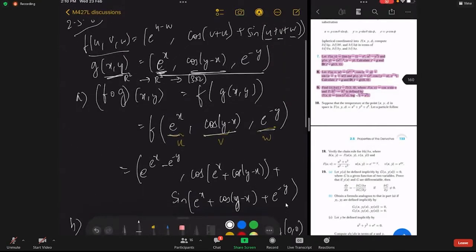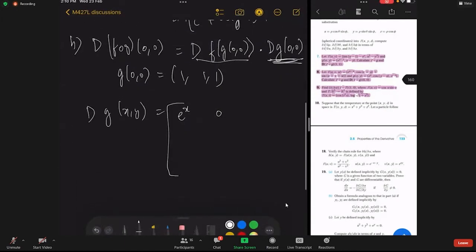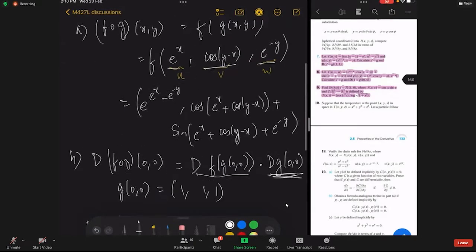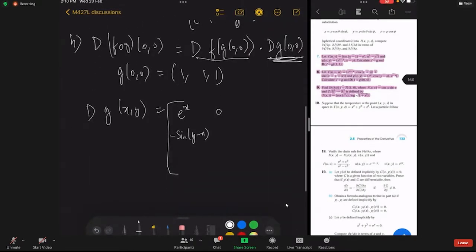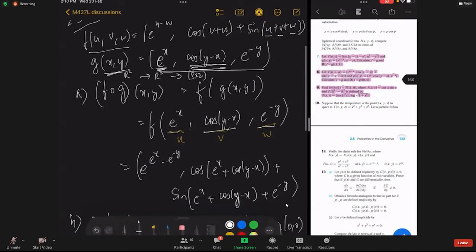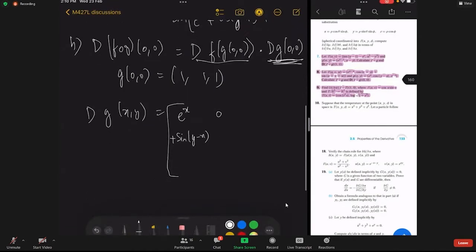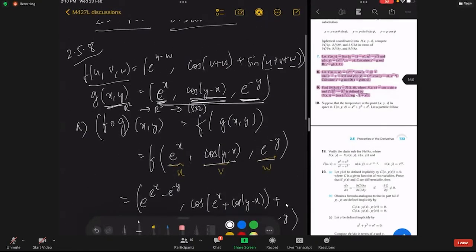Then I take the next term, I differentiate with respect to x. So I get minus sine of y minus x, but since I have minus x, this minus minus gets cancelled. The same term, if I differentiate with respect to y, I get minus sine of y minus x. The third term, if I differentiate with respect to x, I get 0.